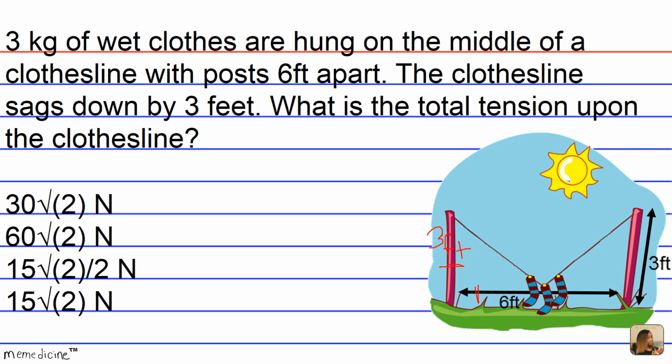This side is equivalent to this side, which is also equivalent to this side, which is also equivalent to that side, okay? Therefore, the angles are also the same. All these angles are the same.